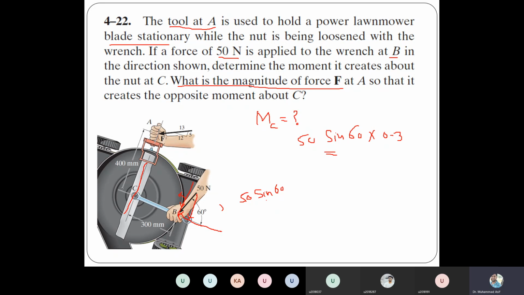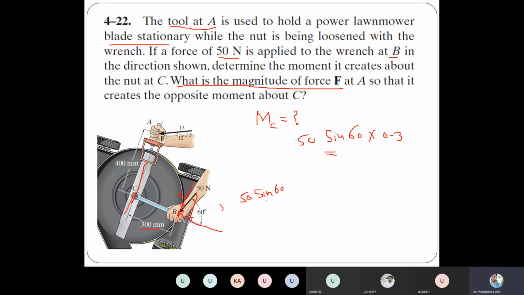So this is the point of application. From the point of application to point C, the distance is 300 millimeter. You got the point? I think you were confused because I have drawn this force maybe here. Basically, this is parallel to this force.